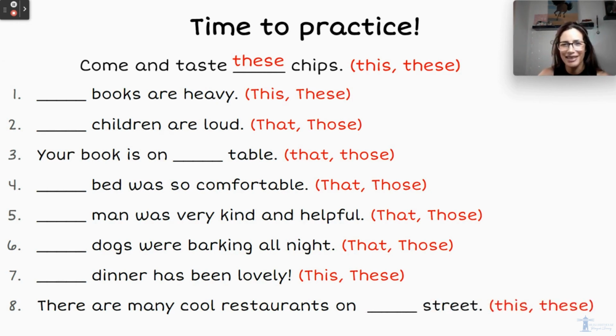Time to go through these and check them, see if we've got them right. If we've got them wrong, it's okay. Don't worry, you will get them right with time and with practice. Good for you for learning another language. So let's get started. What I do advise you to do is to not erase the answer if you have it wrong. Because if you can see where you made your mistake, chances are you're not going to make the same mistake again.